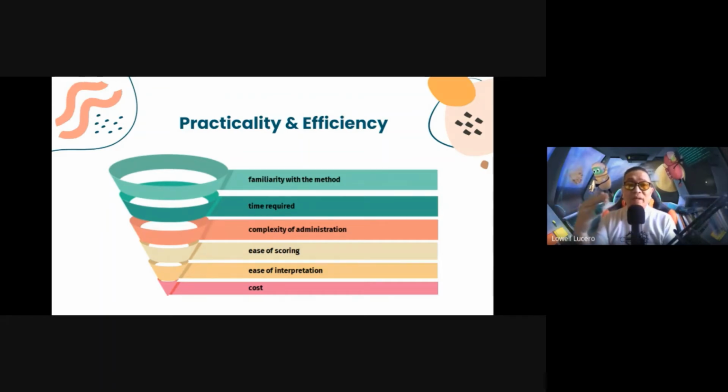So you should be familiar first. Then, time required is very important. Complexity of administration should be simple. The test should be easy to administer. Then, avoid questions during the test or performance.